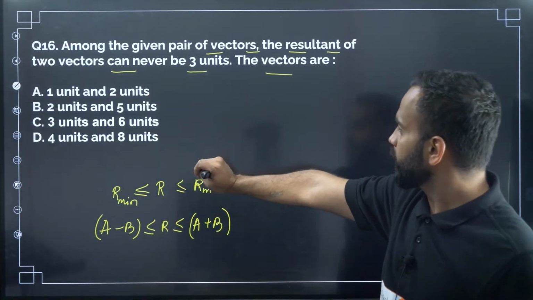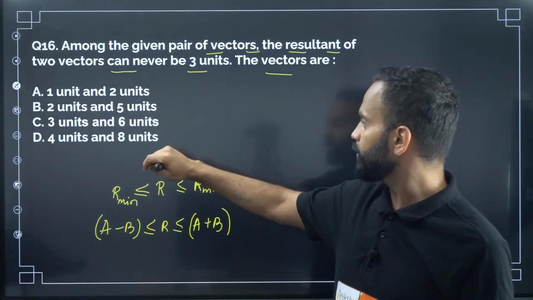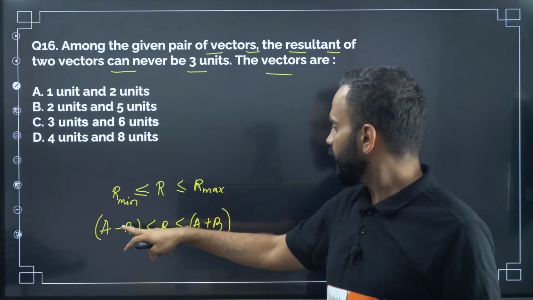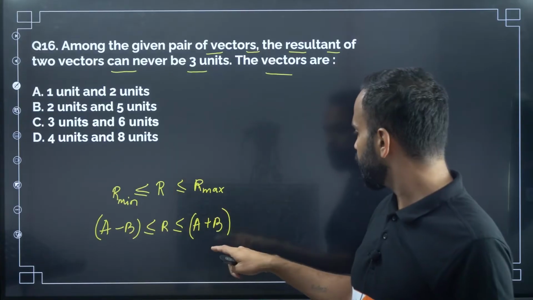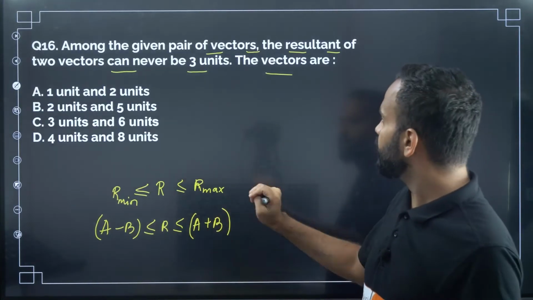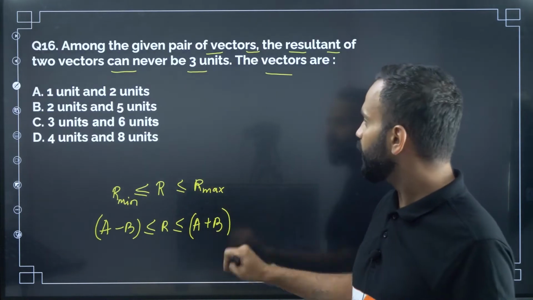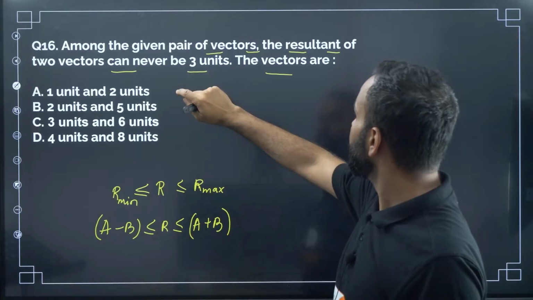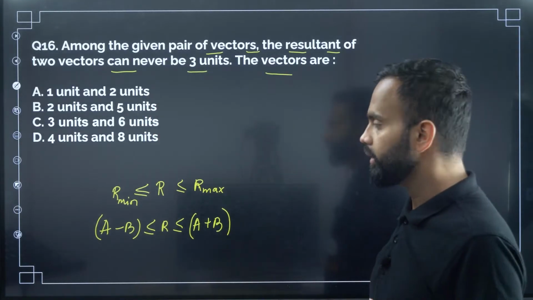The first one, 1 and 2 units. If A is 2 and B is 1, then 2 minus 1 is 1, so it varies from 1 to 3. Yes, the resultant vector can be 3 units. Here they are asking, among the given pair of vectors, the resultant of two vectors can never be 3.